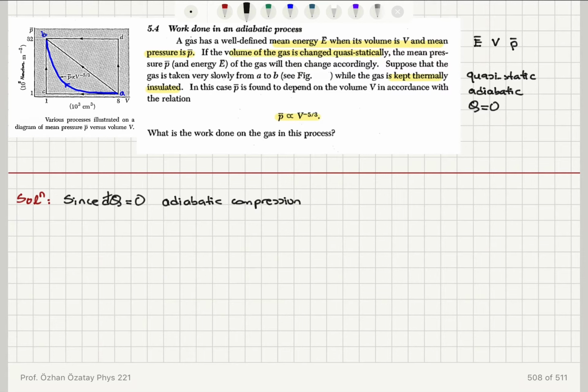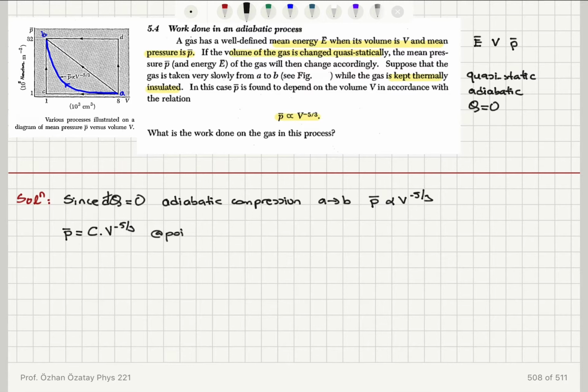That's the process from A to B, where the pressure is proportional to V to the minus 5/3. So I write P bar as a constant C times V to the power minus 5/3, and I look at the value of the pressure at point B.